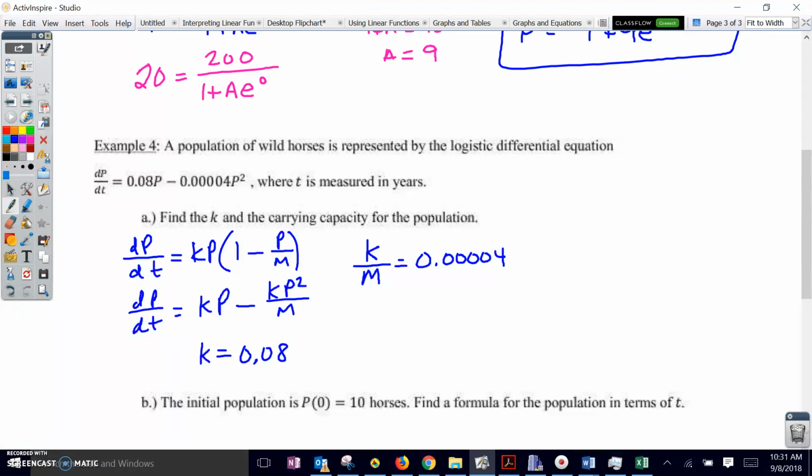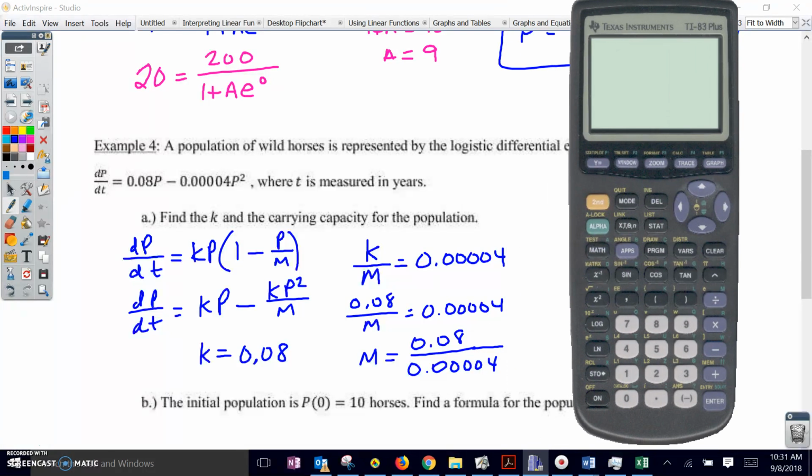So since we know the k value, we're going to put that in here to find n. And we get that n is equal to 0.08 divided by 0.00004. I'm going to go ahead and calculate what that value is. So we got 0.08 divided by 0.00004. And so n is going to be equal to 2,000.